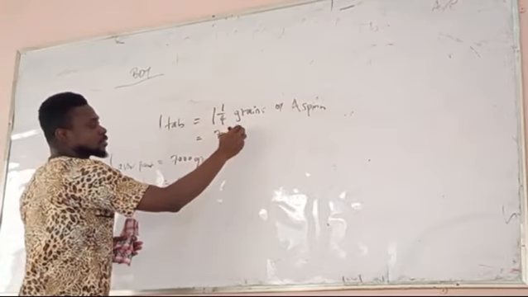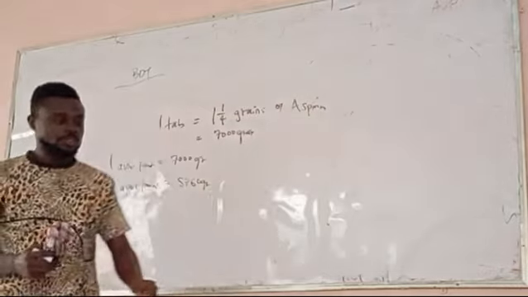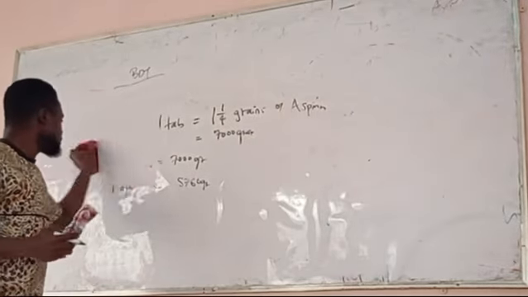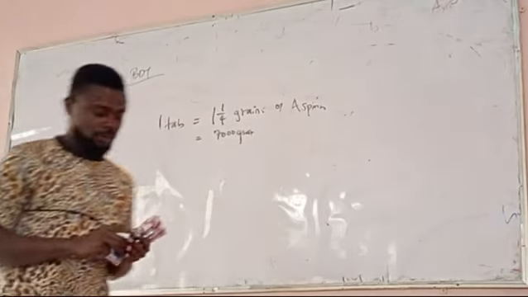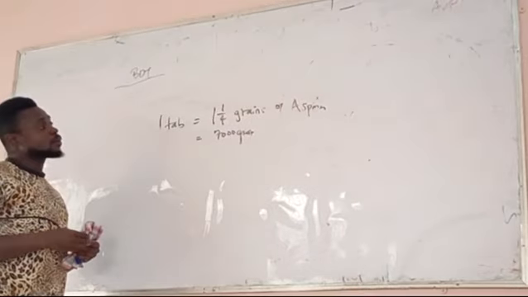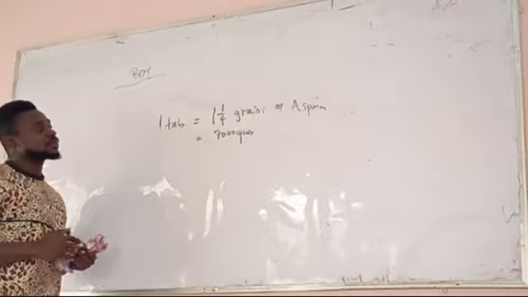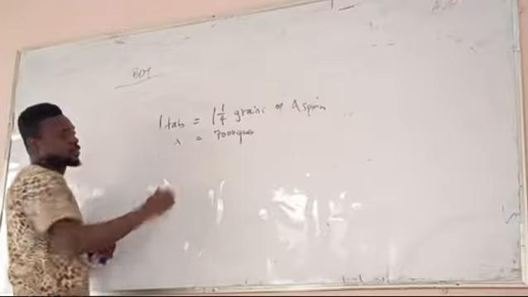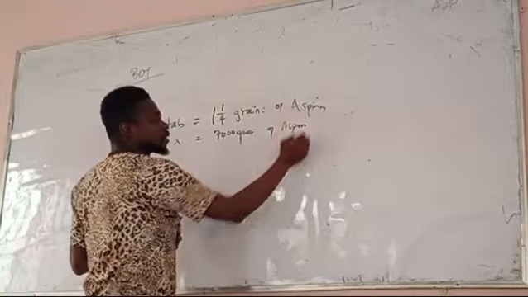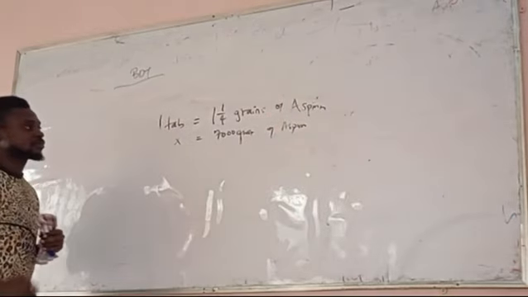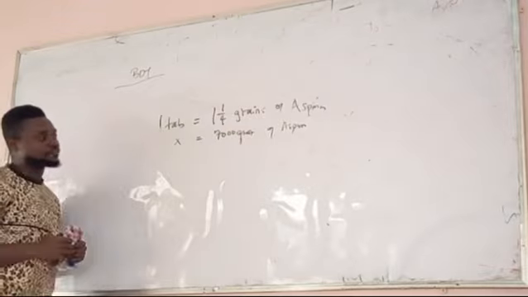So, if one tablet contains 1/4 grains of aspirin, how many tablets will contain 7,000 grains? That's what we want to find. So how many tablets? We make x the subject of the formula.